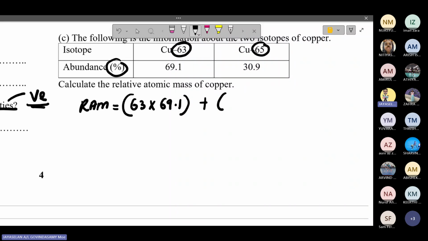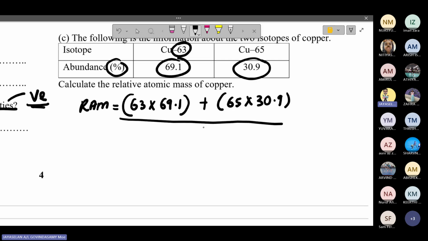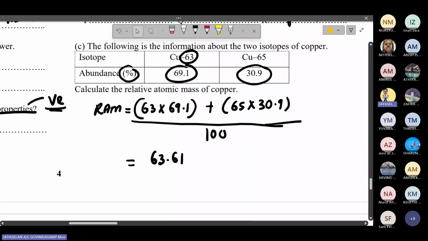Plus, you take the nucleon number of another isotope, which is 65, times the percentage 30.9, divide with total percentage. Add these, you will get 100. Divide with total percentage. So your answer at the end is 63.61. No unit. You take your 2 marks.